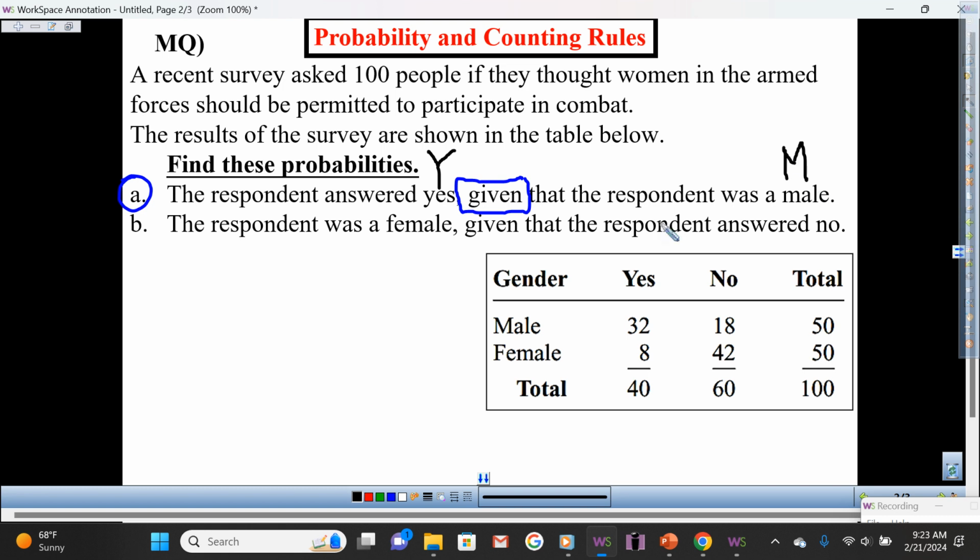All right, so let's write our formula for when it's given, which means it's conditional. So what do we write? Tell your neighbor. What formula do we write? Remind your neighbor, please. All right, so formula. P of B given A, remember the bar means given. For those of you that forgot, make sure you label that bar with the word given.